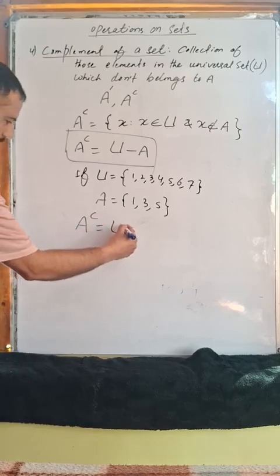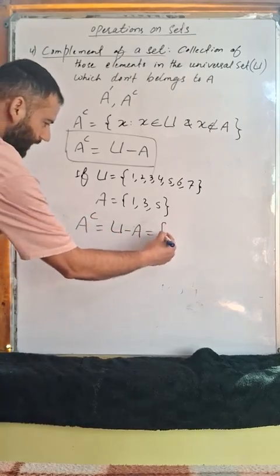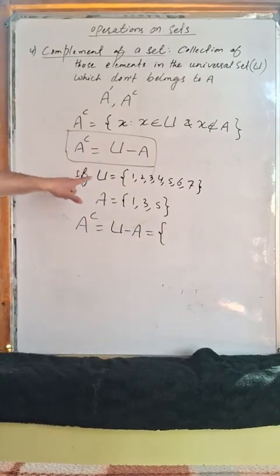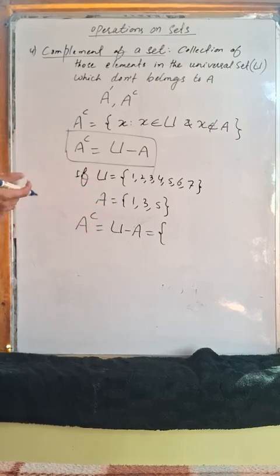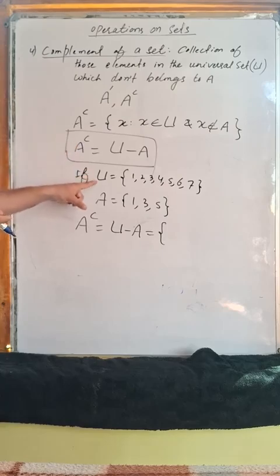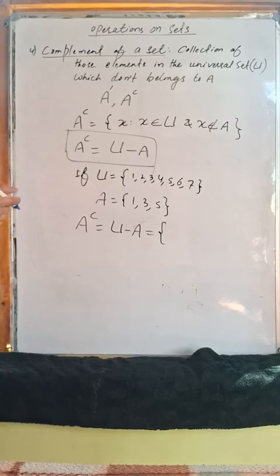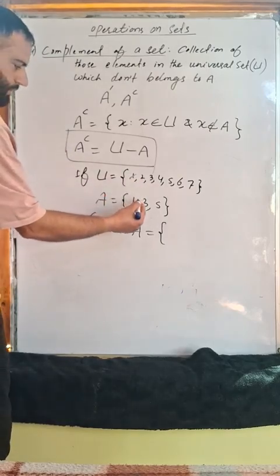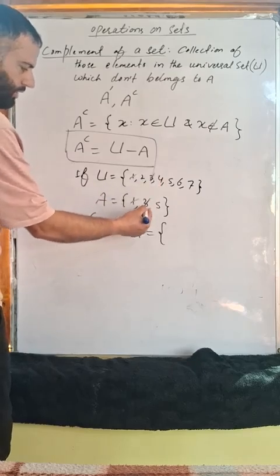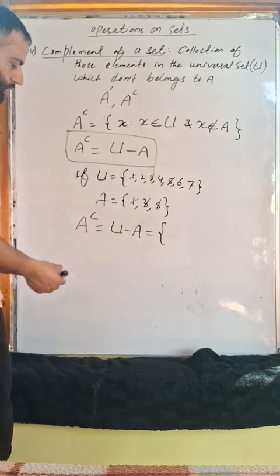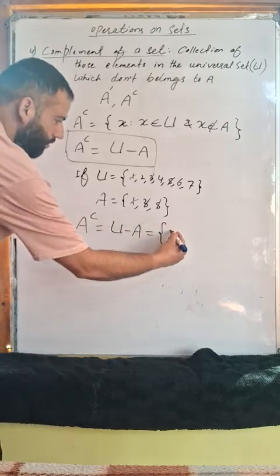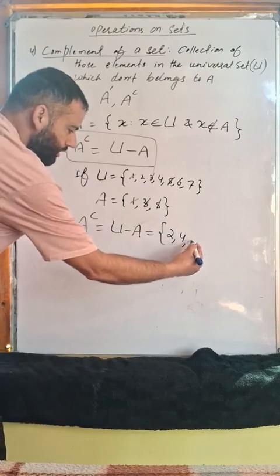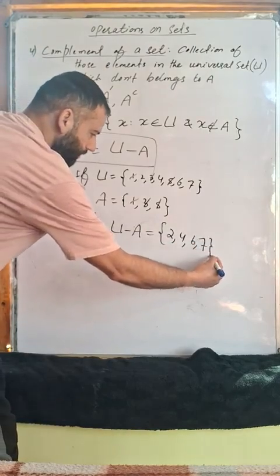A complement will be U minus A. That is, I have to write those elements of U that do not belong to A. Or in other words, I have to cancel out those elements of U which belong to A. What are the common elements? 1, 3 and 5. So I have to write the elements of U, that is 2, 4, 6 and 7.